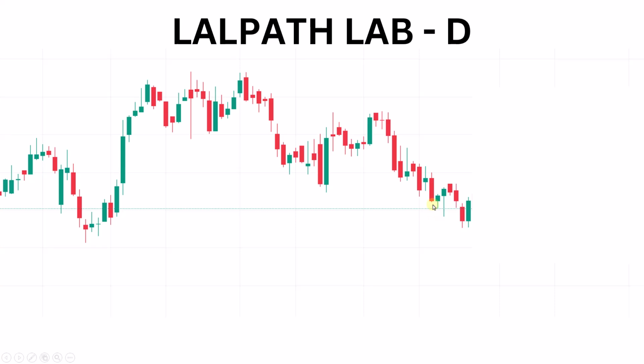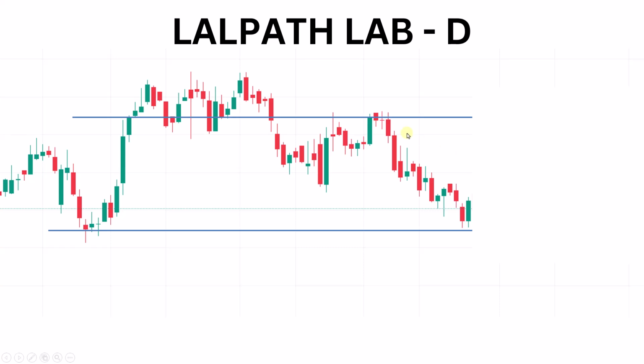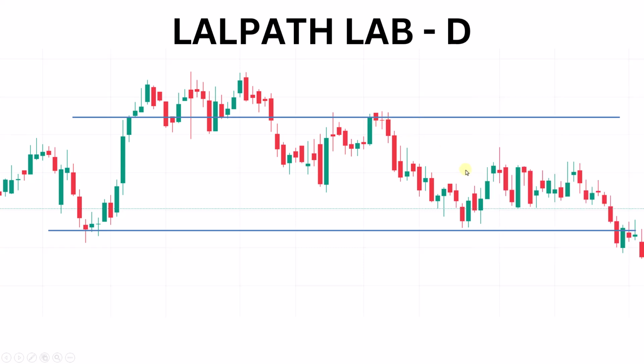So I have this confirmation, this confirmation, this confirmation. So if I take a trade by placing a stop loss here, and if I wait for the target and take an entry, the stop loss would have hit.